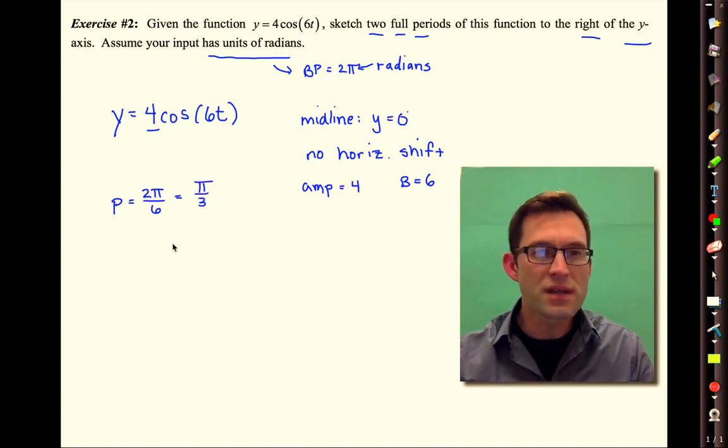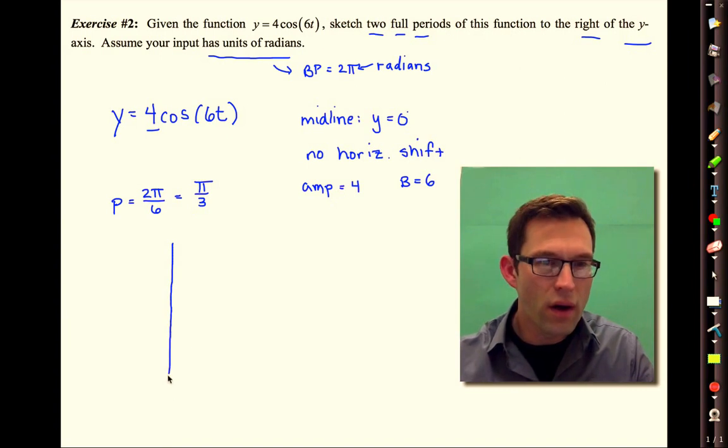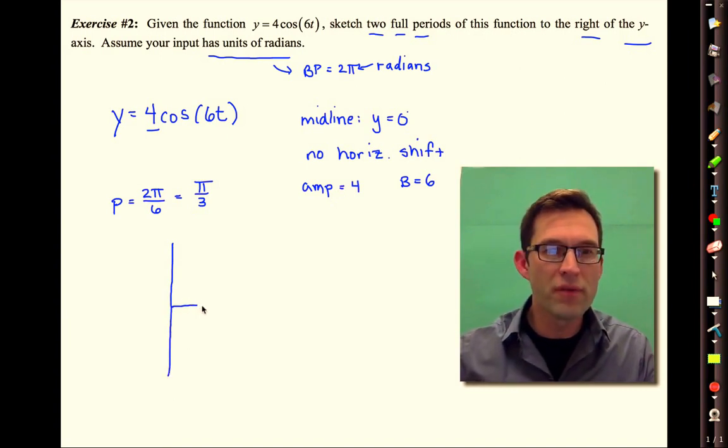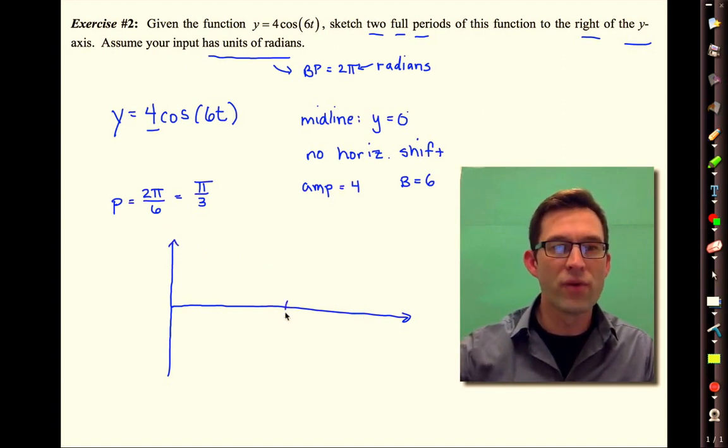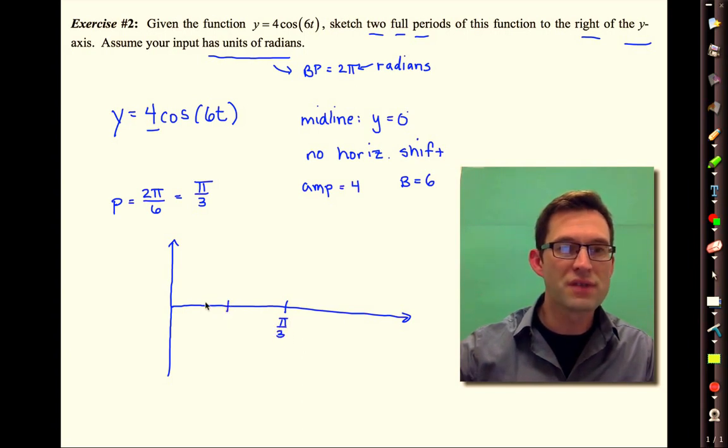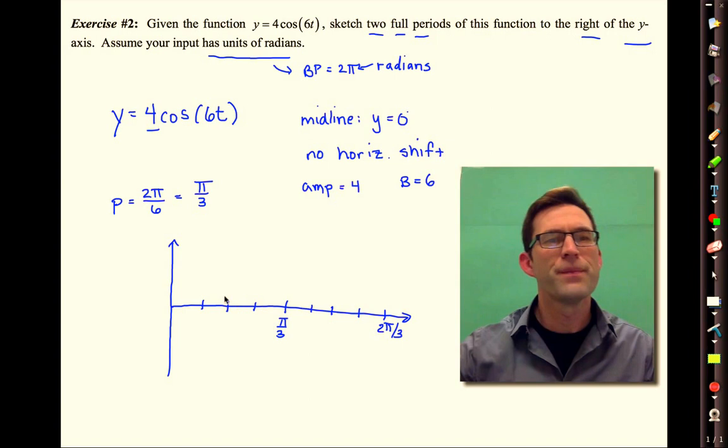So let's sketch this thing. All right, I know that it's going to be going above and below my x-axis, right? I know that I'm going to complete a full cycle in pi over 3. Trig graphs come in quarters. This would be then 2 pi over 3, right?